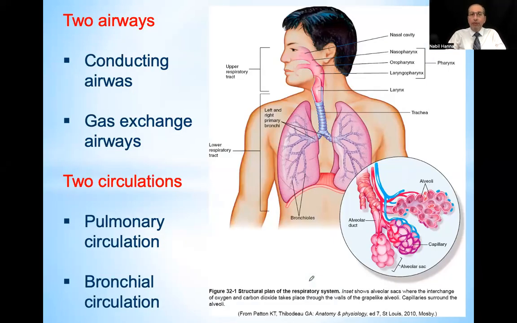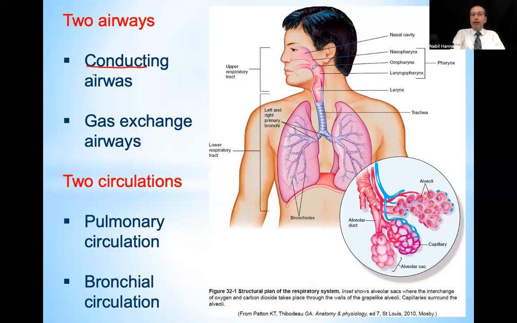We have two types of airways. We have conducting airways and gas exchange airways. As their names imply, conducting airways do not share in gas exchange. They just serve as conduits through which air passes to the alveoli where gas exchange occurs.